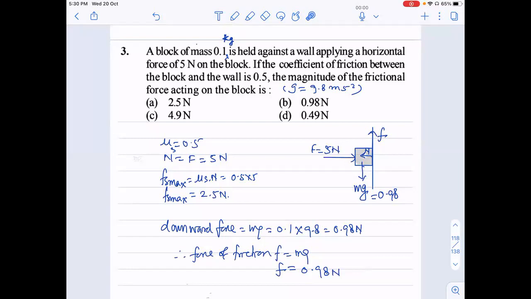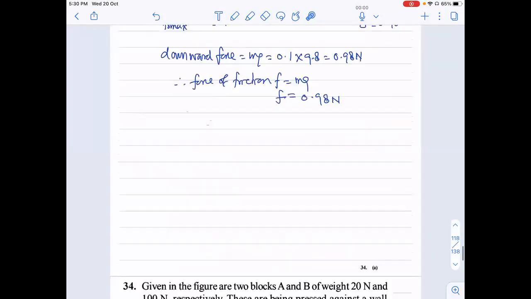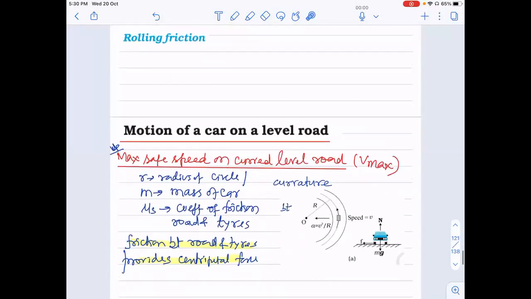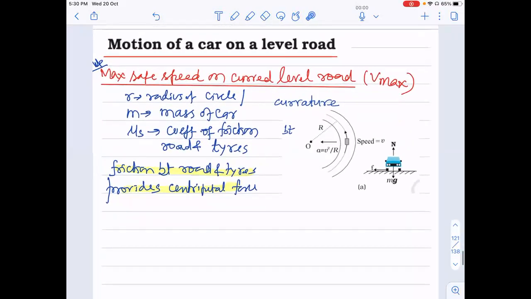All right, moving on to the next one. The next topic is a very important topic: motion of a car on a level road. When it is a curved level road, this topic can be stated like this: maximum safe speed on the curved level road. When we come to such turning, when we turn the car or even a two-wheeler, there is a centripetal force required.